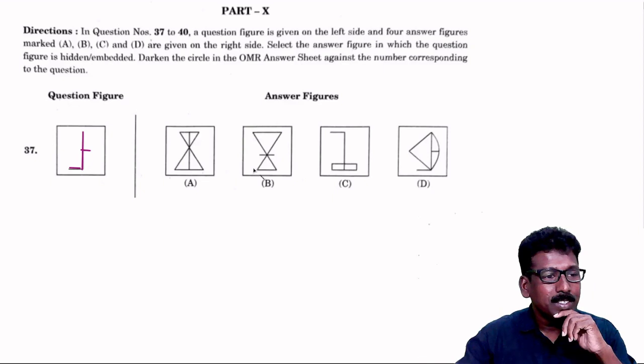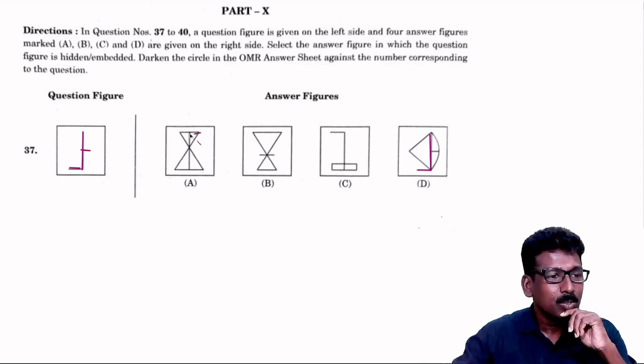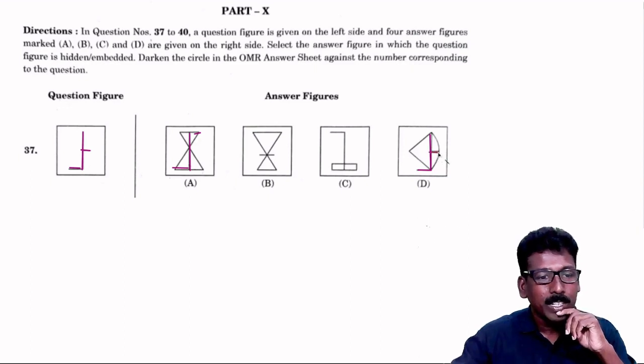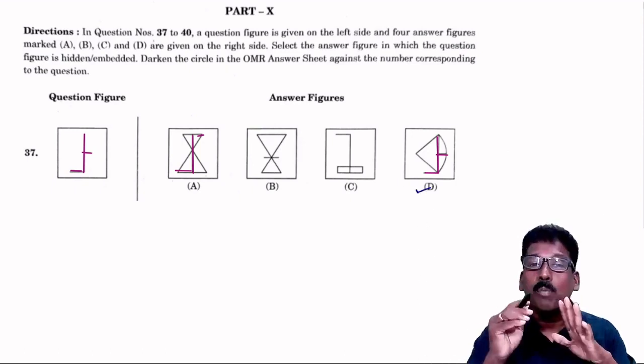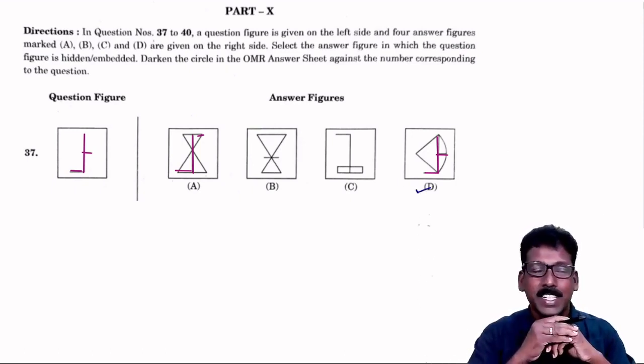So that one exactly you can see here also an image like that. Here also you can see the image, but here only the cutting is there. That means option D will be the correct answer.